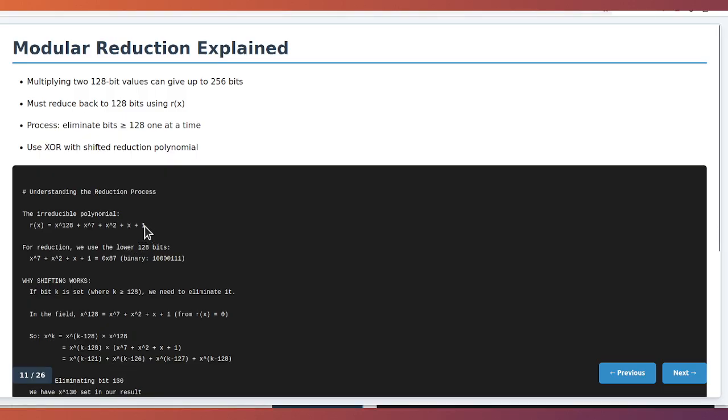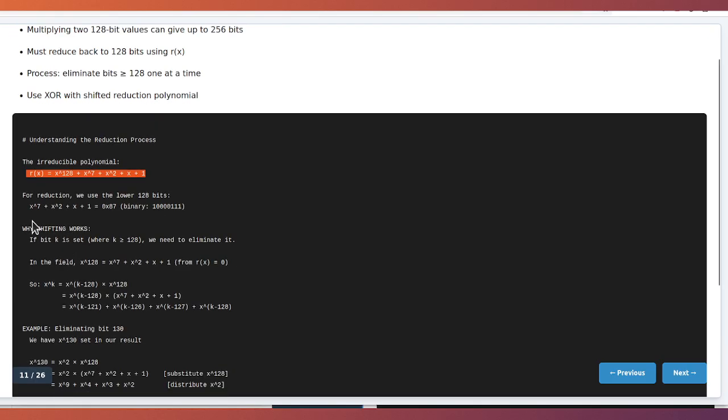Let me explain why this shifting works. The irreducible polynomial is r of x equals x to the 128th plus x to the 7th plus x squared plus x plus 1. In the field, this means x to the 128th equals x to the 7th plus x squared plus x plus 1. Therefore, if we have x to the k, where k is at least 128, we can write x to the k as x to the k minus 128 times x to the 128th.